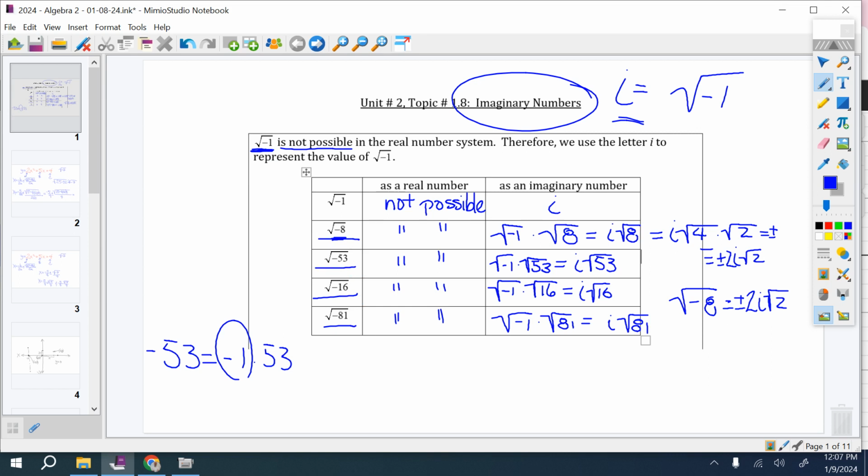Any square root cannot come up with a real number solution if it's a negative number already. The square root of -1, the square root of -2, none of those will give you a real number solution. So it's not possible.